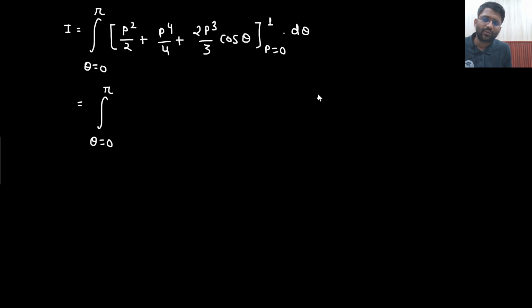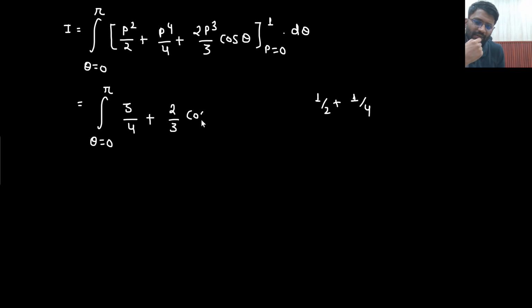So if you put p equals 1, 1 by 2 plus 1 by 4 will be 3 by 4, right? 3 by 4 plus 2 by 3 cos theta dot d theta.